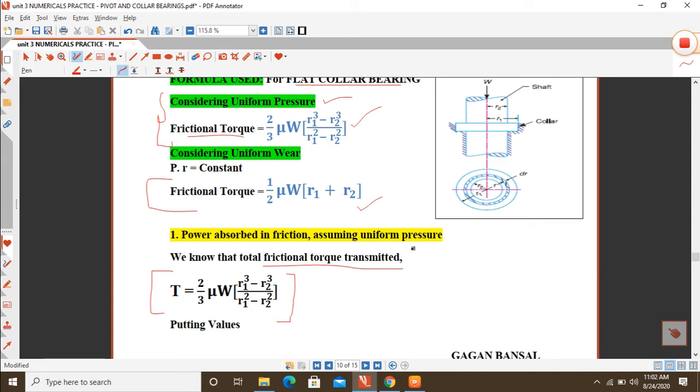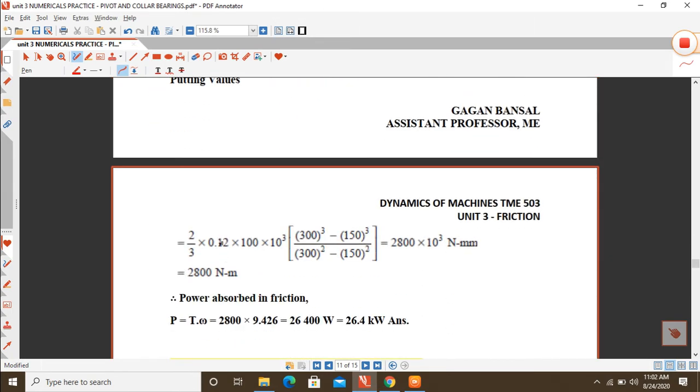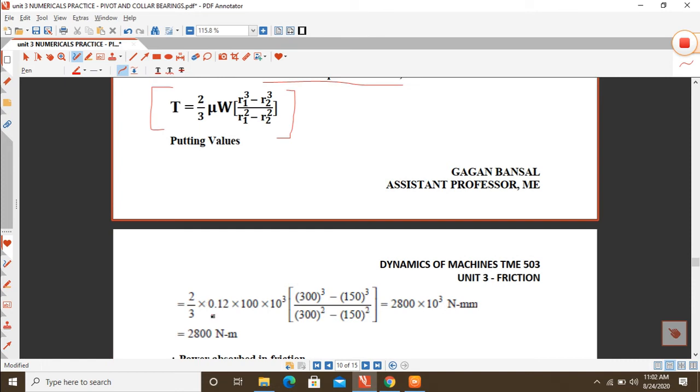So assuming uniform pressure, frictional torque is 2 by 3 mu W R1 cube minus R2 cube upon R1 square minus R2 square. Putting all these values, we get 2 by 3, mu is 0.12, W is 100 into 10 raised to the power 3, R1 is 300, R2 is 150.